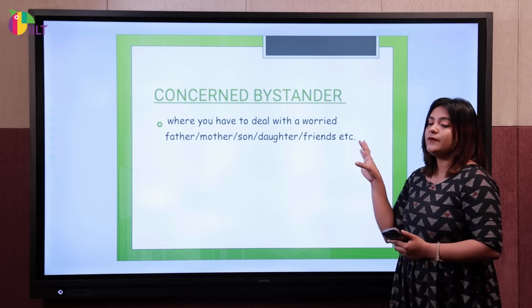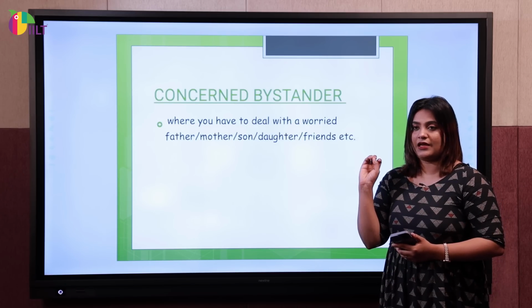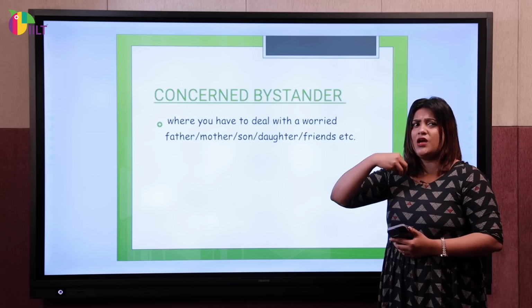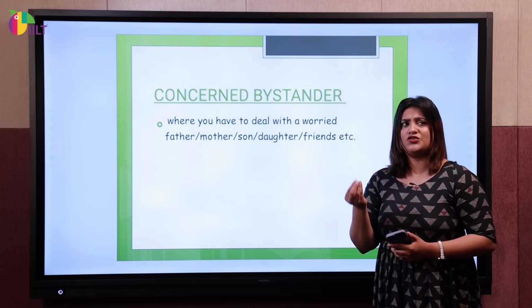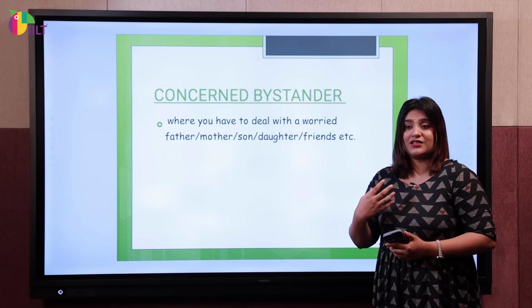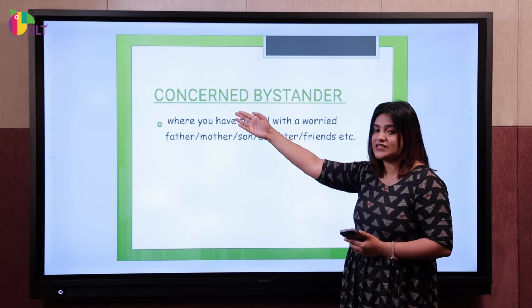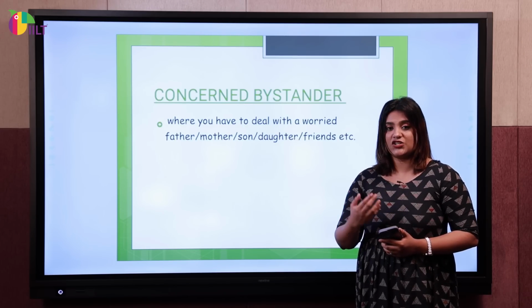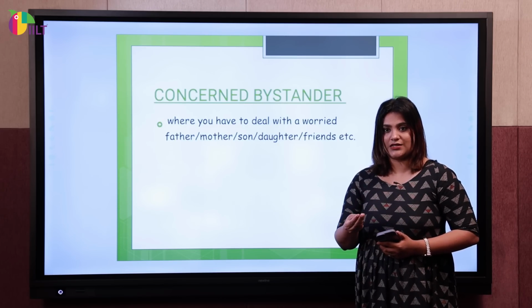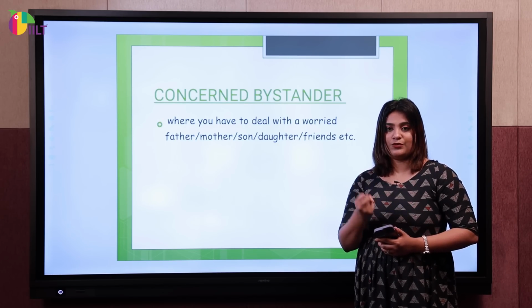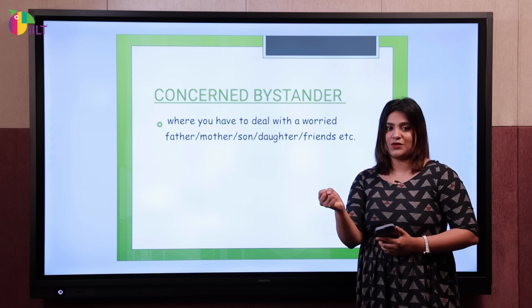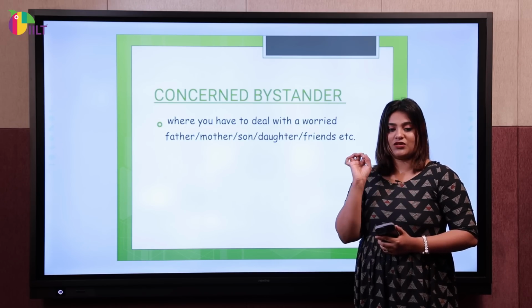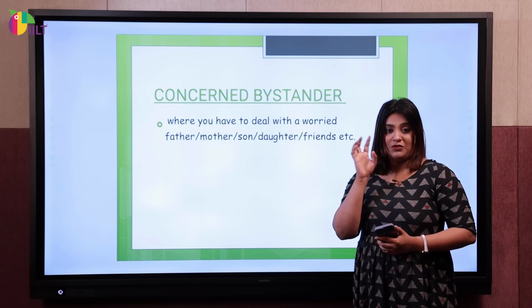So these are all concerned bystander setups, and in this you need to provide a lot of assurance, a lot of information, and a lot of reassurance, because they're concerned. The word concerned itself suggests that they're super worried. So when you get such cases, the first thing you need to understand is that my purpose is to console this person, or to convince this bystander to be relaxed.